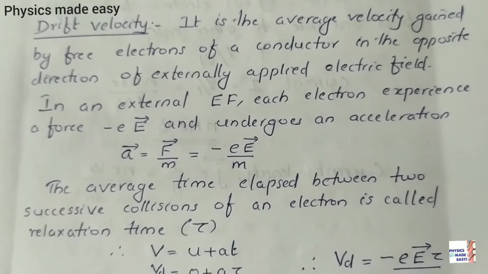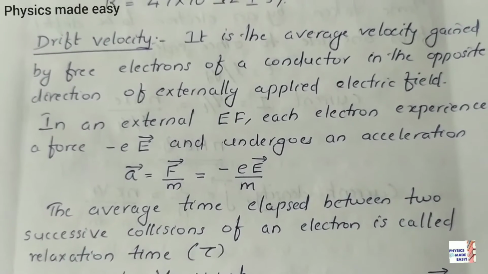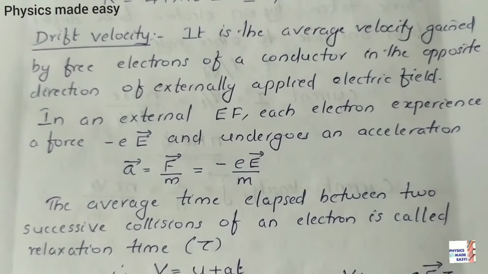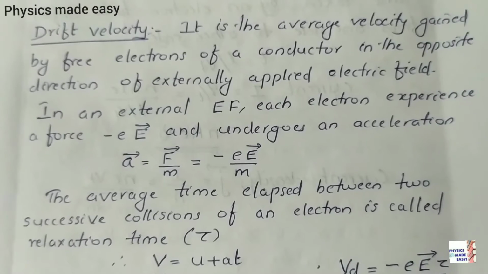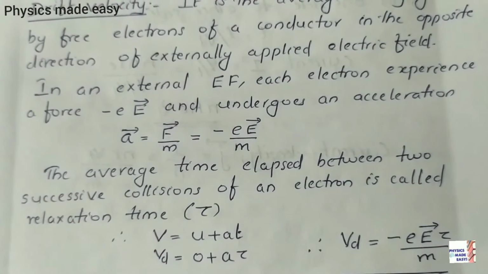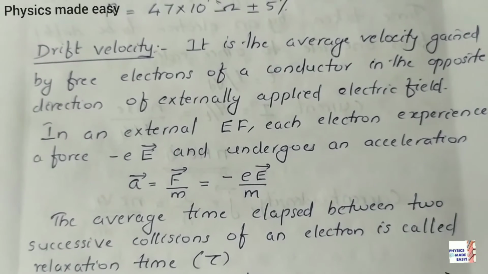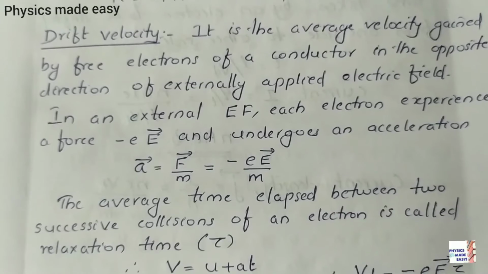That drift velocity is the average velocity gained by free electrons of a conductor in the direction opposite to the externally applied electric field. You know, in an external electric field, each electron experiences a force. You know the equation for force: force is equal to qE.